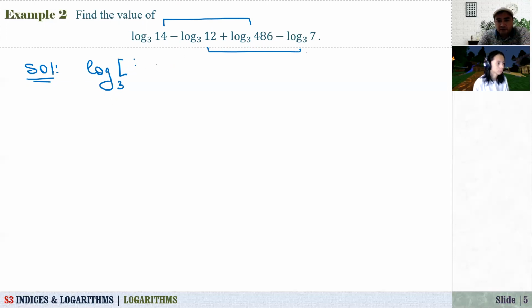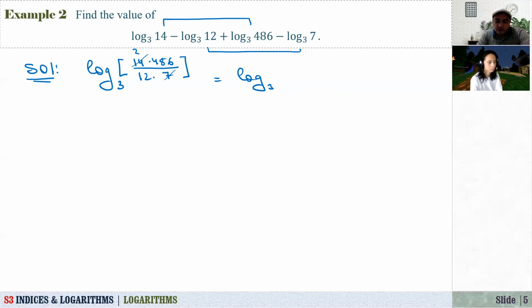What we have here is 14 times 486 over 12, because divided, and here we have 7, which is equal to logarithm, in the base 3. Here the 7 and 14 give 2, and 486 is divided by 12.